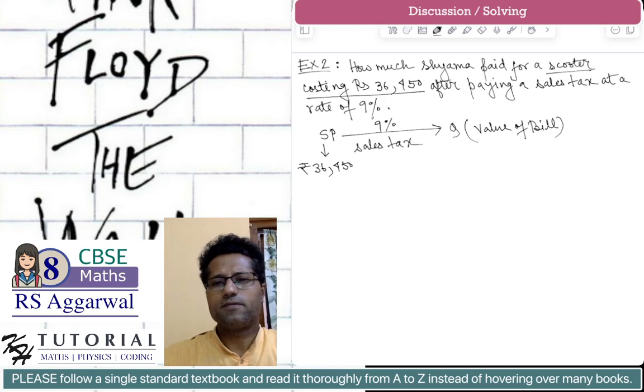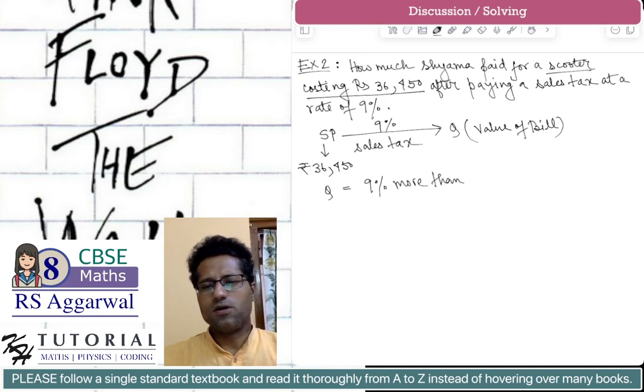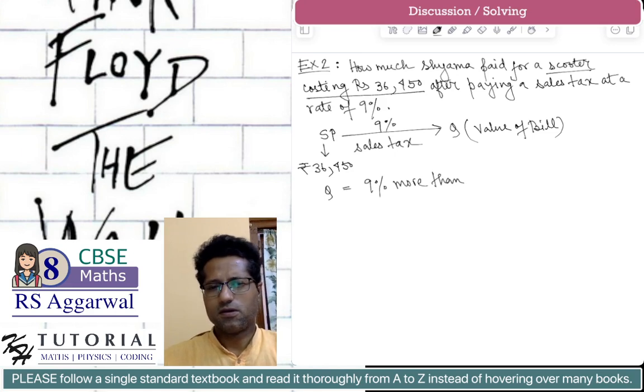Now we know that obviously Q will be equal to 9% more than the selling price of the scooter, which in this problem is given as the costing of rupees 36,450. It can be taken as the fact that the selling price of the scooter is rupees 36,450.